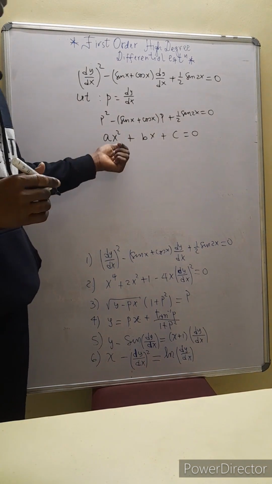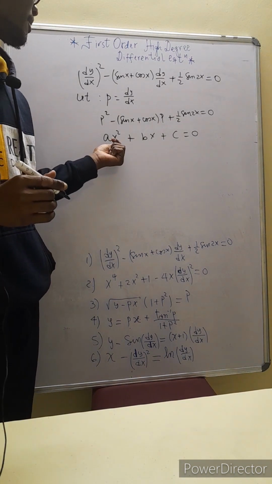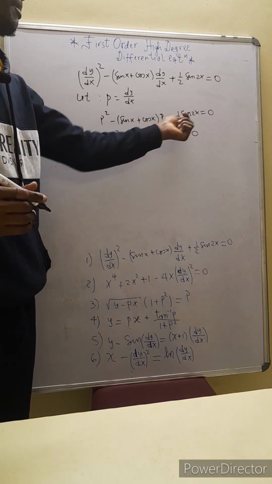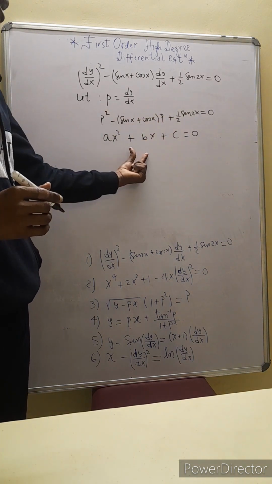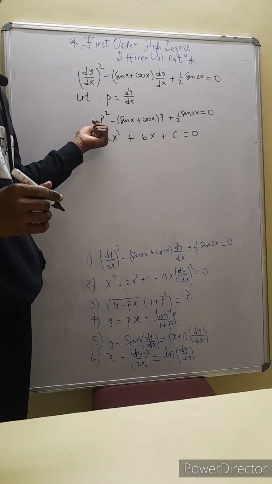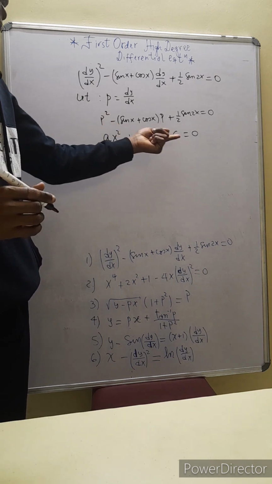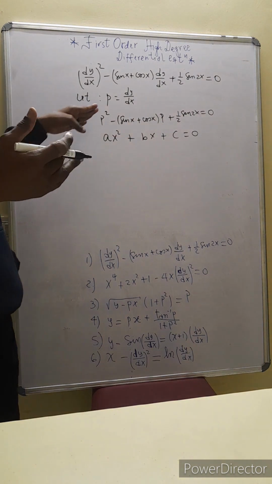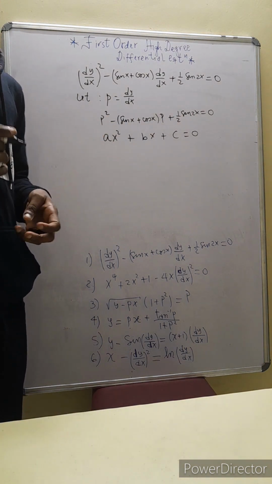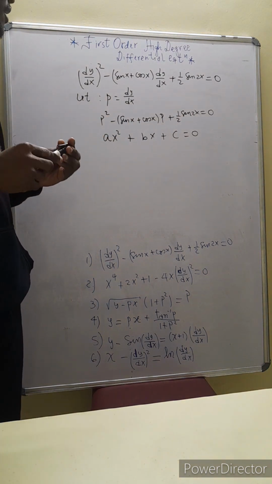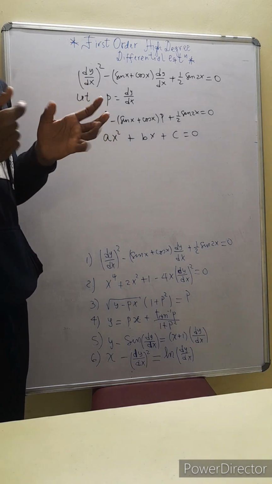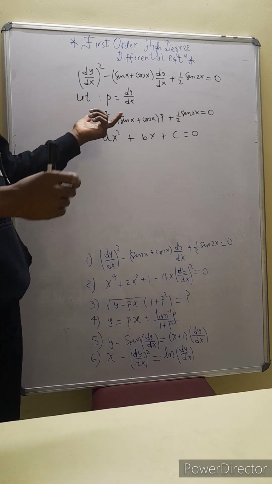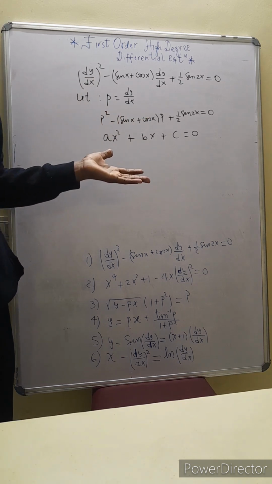This one is a polynomial in x, but this one is a polynomial in P, so whatever happens with x is going to happen with P also. By this way, you can check whether this polynomial is reduced, or we can factorize it and make a common factor of P or not.